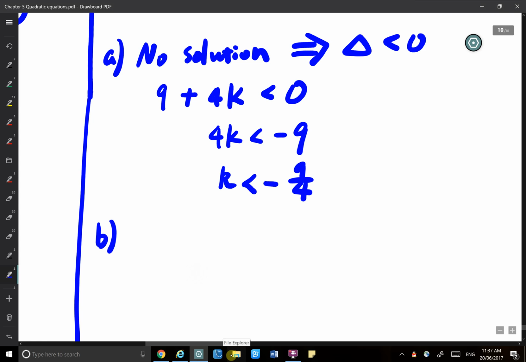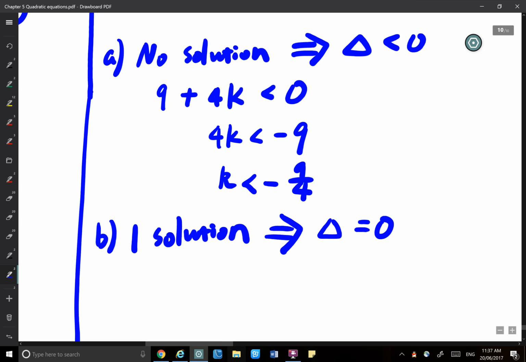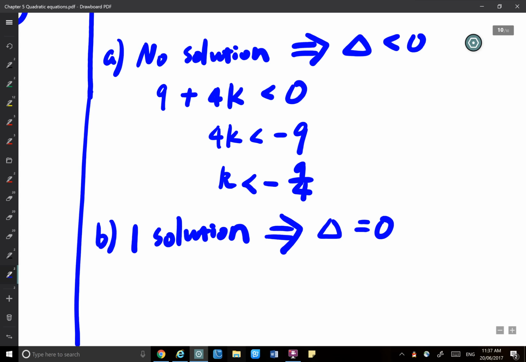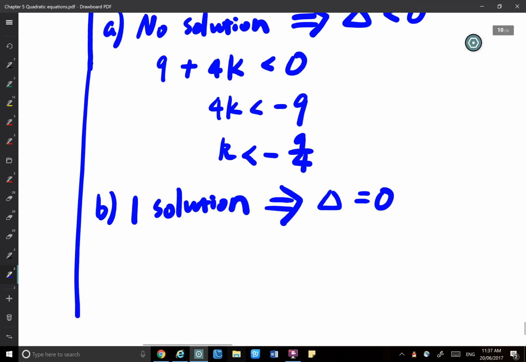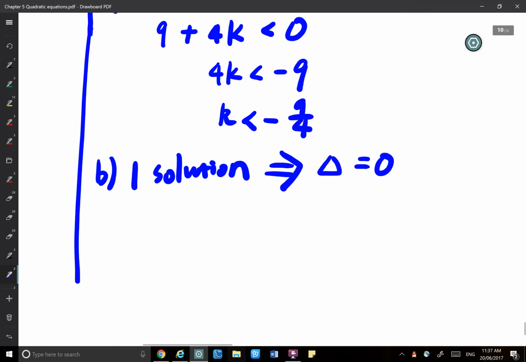B, one solution. One solution will give a discriminant equal to 0. Otherwise, you won't have one solution.